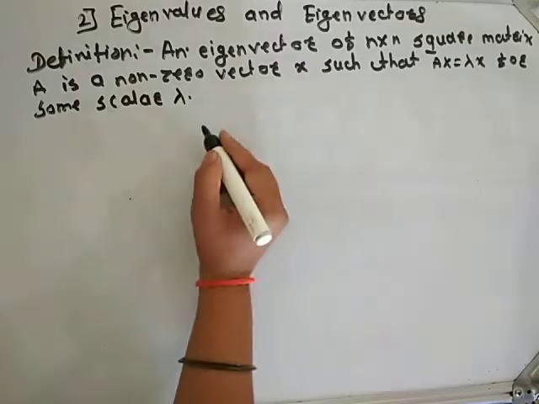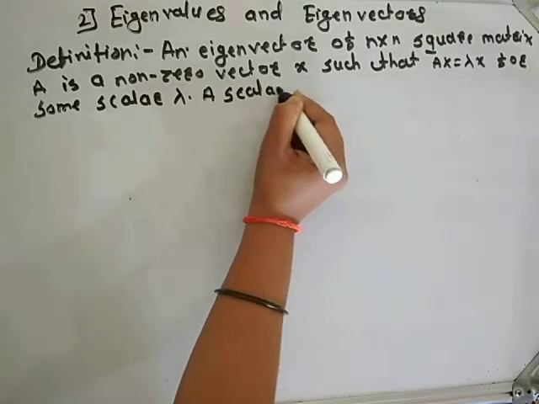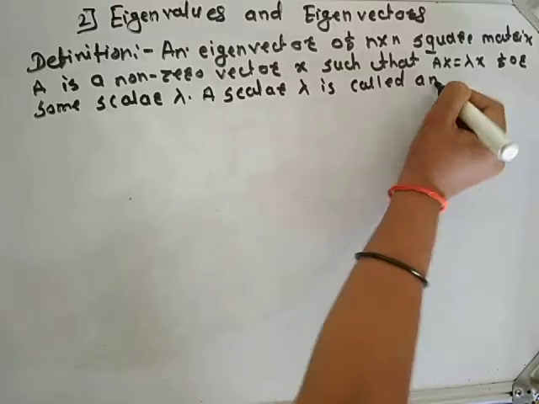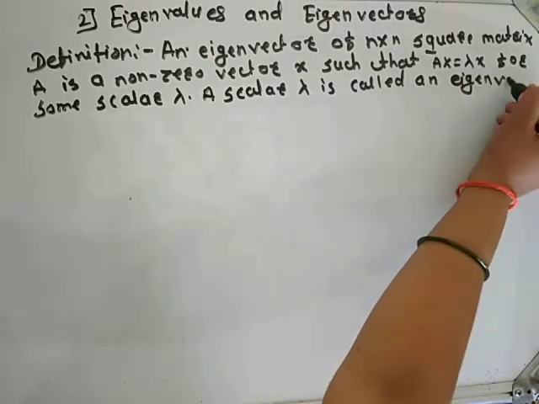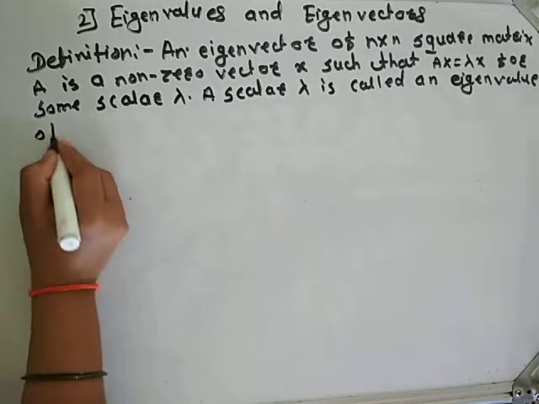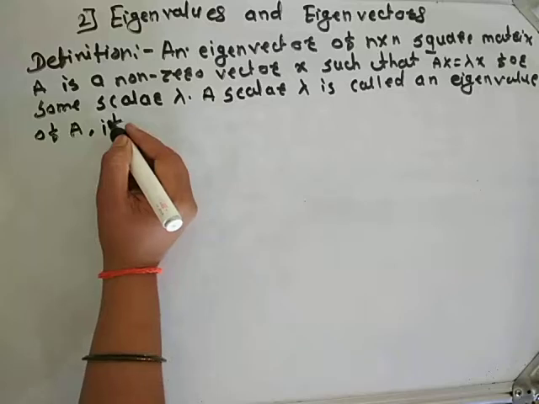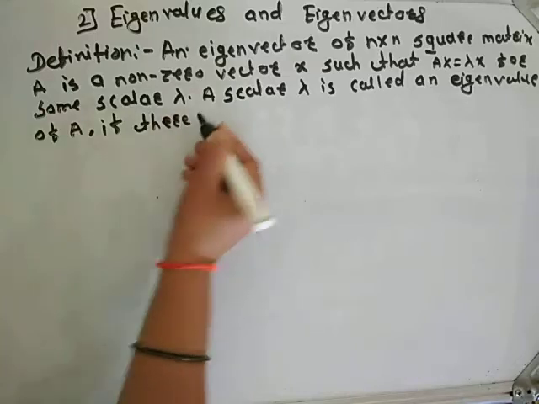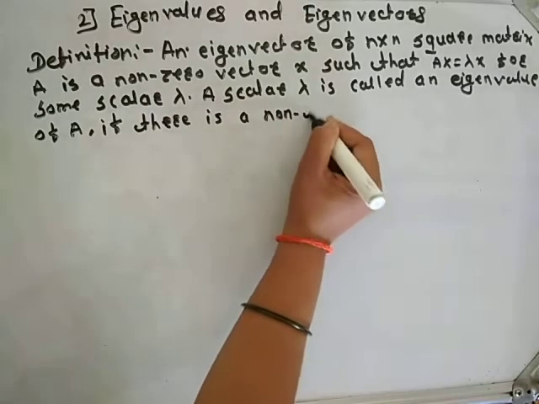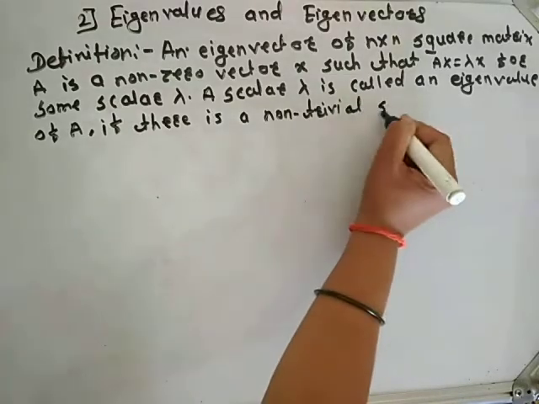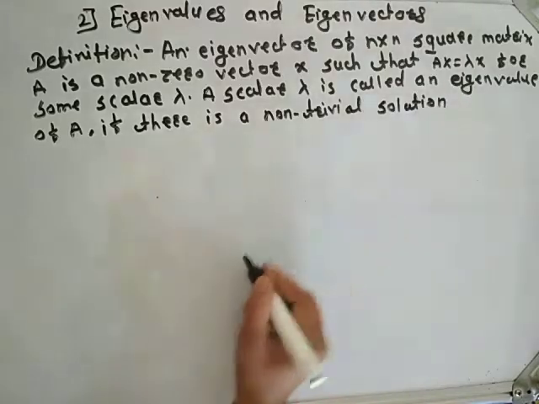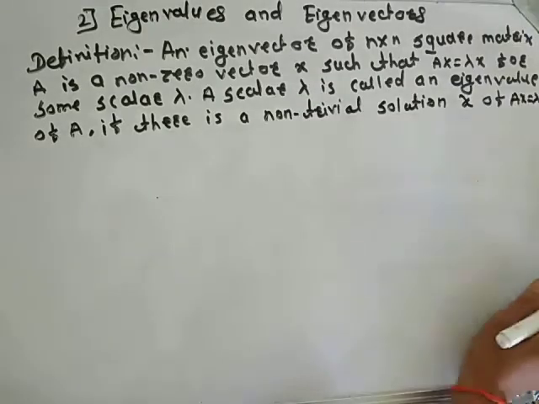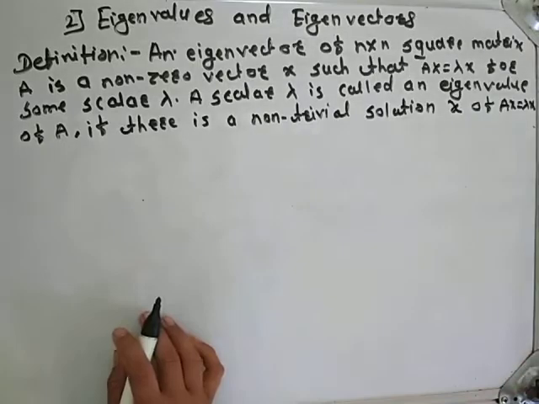A scalar lambda is called an eigenvalue of A if there is a non-trivial solution x of Ax = lambda x.